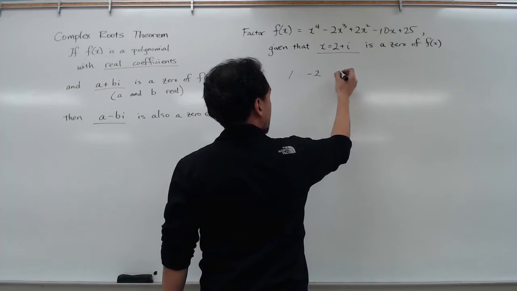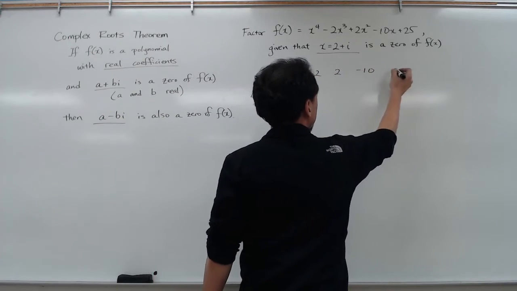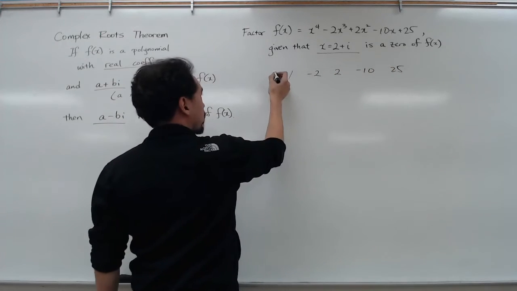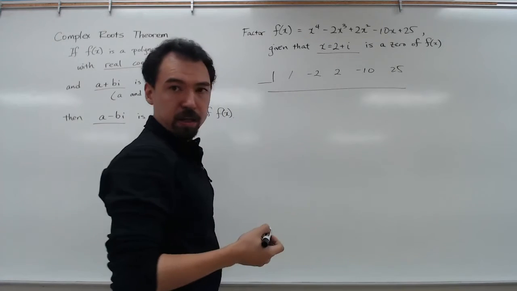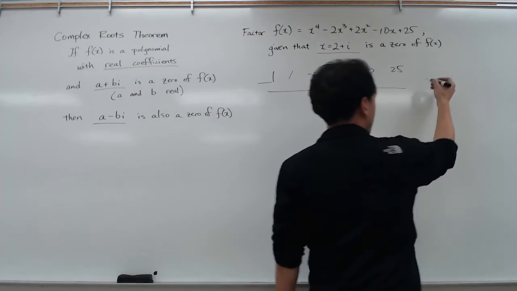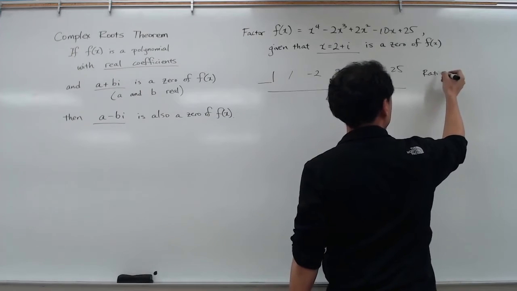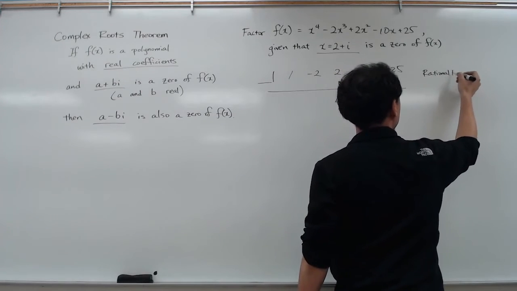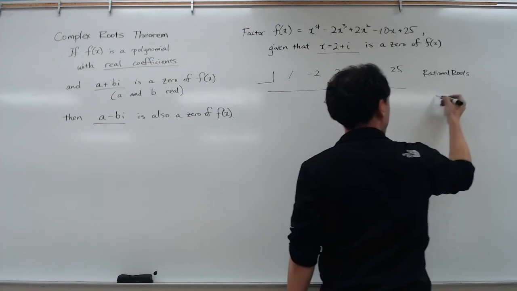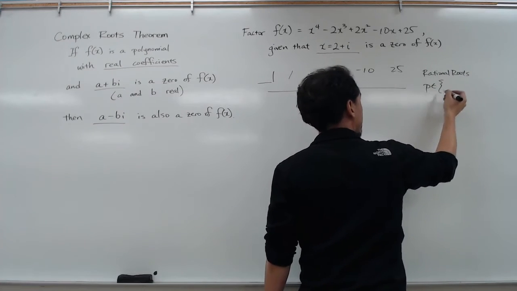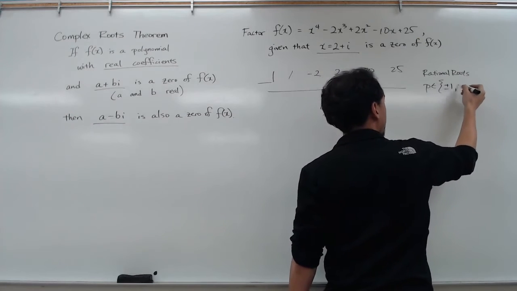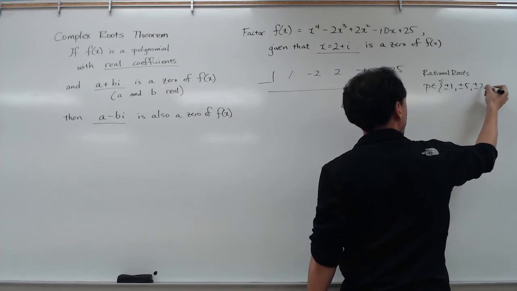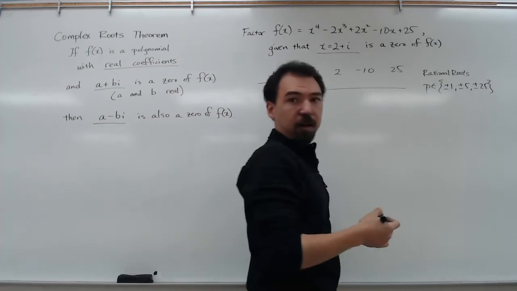So we're going to do synthetic division, and we're going to try to guess a number in the box that will produce a 0 remainder. And let's start by referring to the rational roots theorem. So we say the rational roots can be, p represents any integer that can go into 25. So I can say plus or minus 1, plus or minus 5, or plus or minus 25 are the options.